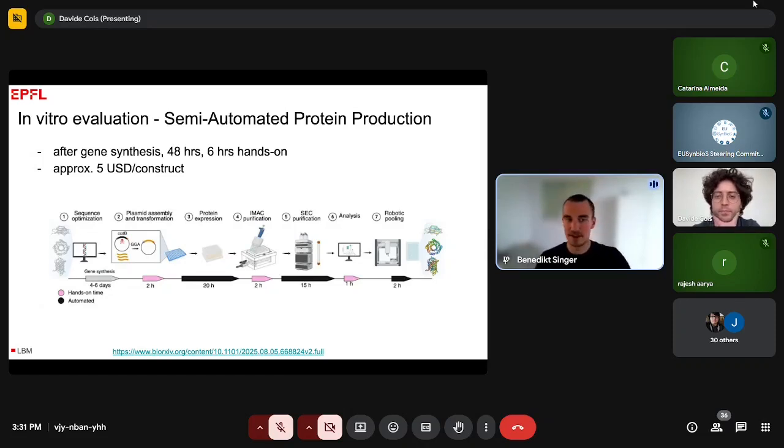And it does say here that it's approximately $5 per construct, assuming that you already bought all the automated lab equipment like this robotic pipetting or the HPLC for the purification and all these other not so cheap things in the beginning. So I think the robots for the pipetting, I think this is like, I don't know, 300 to 400K. So it's not so crazy cheap.